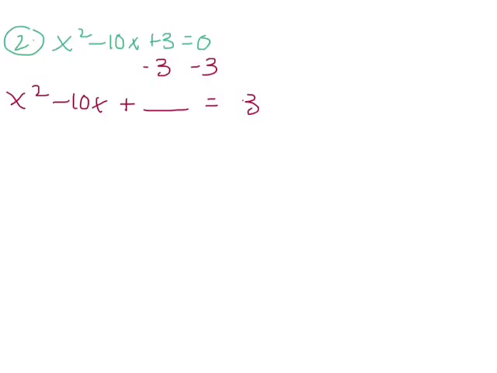Remember to write in your blanks. Okay. Then our next step, divide the middle number, so negative 10, by 2, and make sure you bring the negative and square it. But don't actually square it. Just divide it by 2 and leave the square. That's what we're filling our blanks in with.